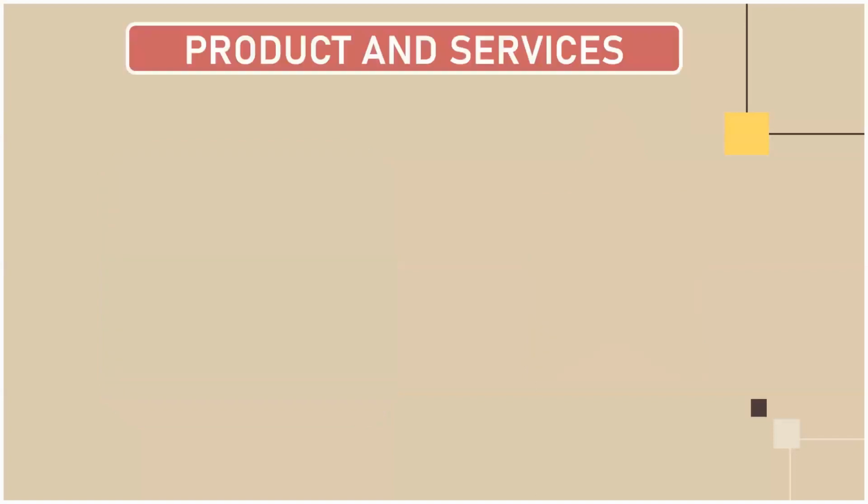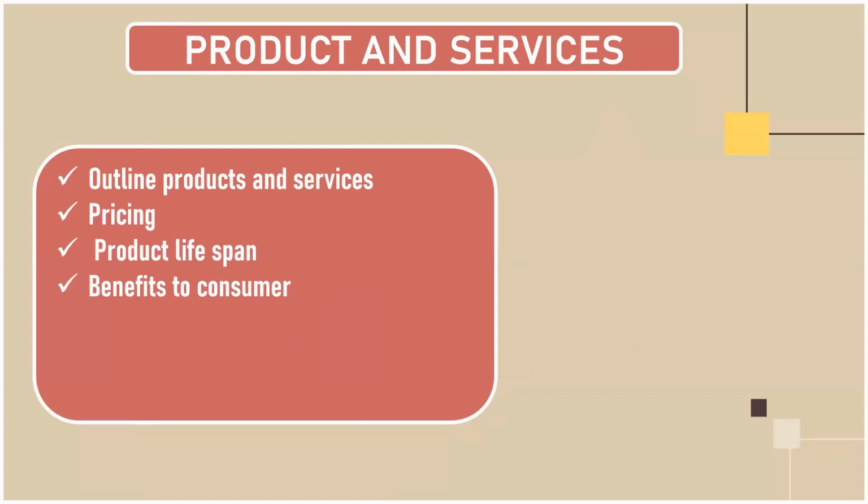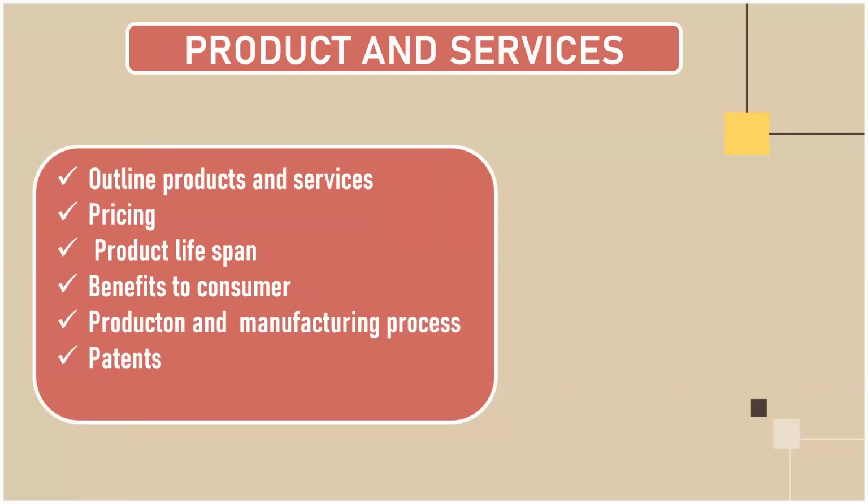Having understood this, let us now move on to the second element, that is information about the product and services. Here an outline is given about the product and services, wherein we talk about the pricing, the product lifespan, the benefits to the consumer, the production and manufacturing process, the patents that you have already applied for or that have already been published, and the research and development section.